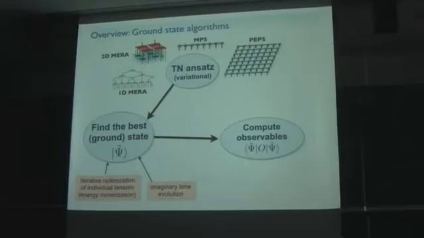Finally, once you have found your best state, you want to compute quantities of interest. In matrix product states, this is simple because we can contract everything in an exact way. However, with PEPS and iPEPS, the contraction, if you want to do it exactly, is exponentially hard. So we need some approximate methods to do the contraction.